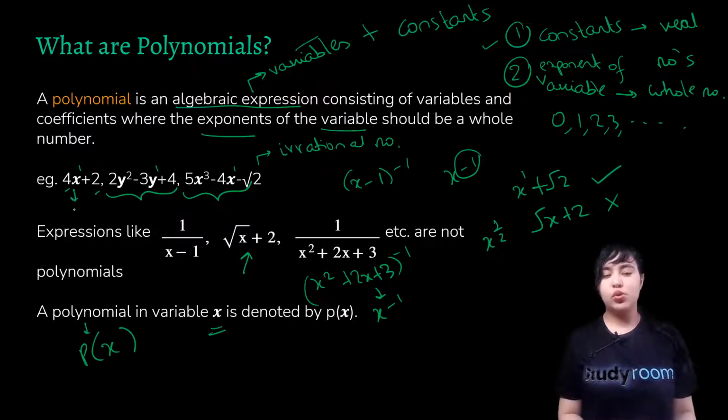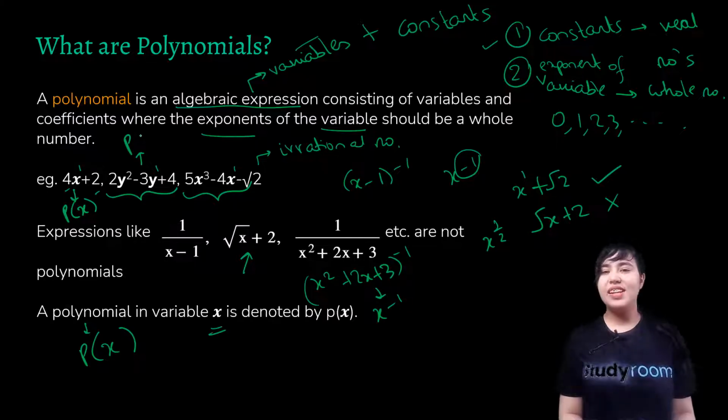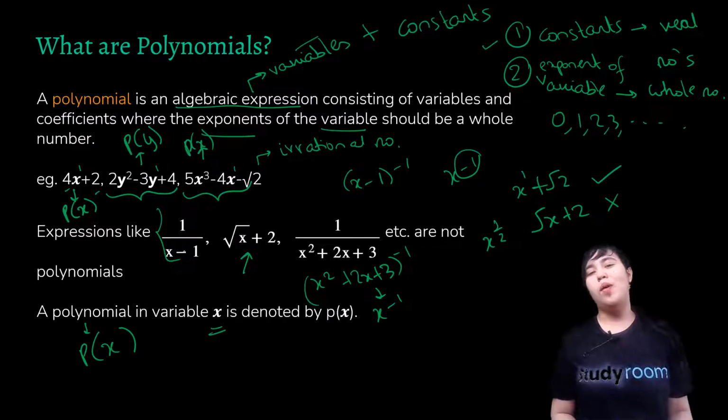So 4x plus 2 will become P of x, since it is in terms of x. Then similarly, you tell me, how will we write this polynomial? How do we denote it? It will be P of y. This will be P of x. Now, can you denote these? You do not have to denote these because they are not polynomials.